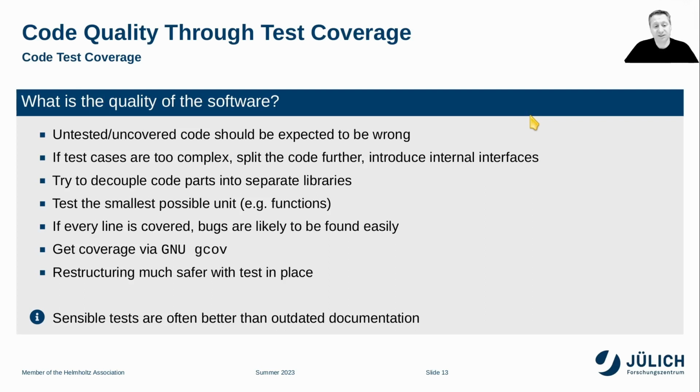If it is hard to write a test for something, this is usually a good indicator that your code is a little bit too complex and you should split it further apart and introduce some internal interfaces. And if you want to go the extra mile, it's even better to decouple code parts into separate libraries. For example, if you have a simulation that also reads in some configuration file in an XML format or something, it's a good idea to extract it into a separate library.